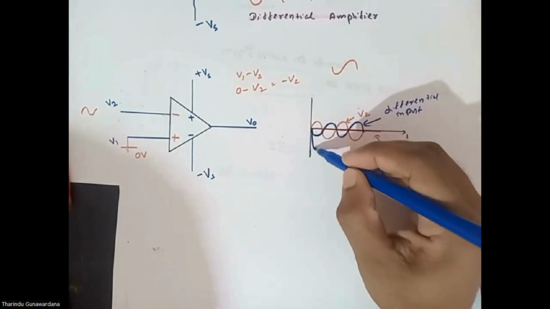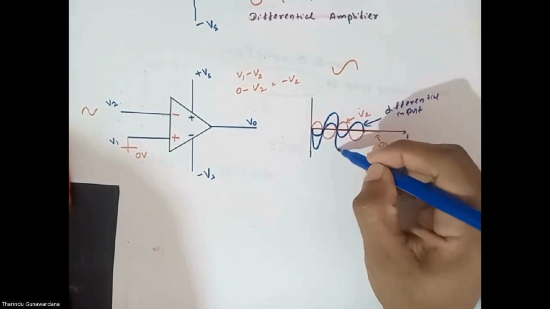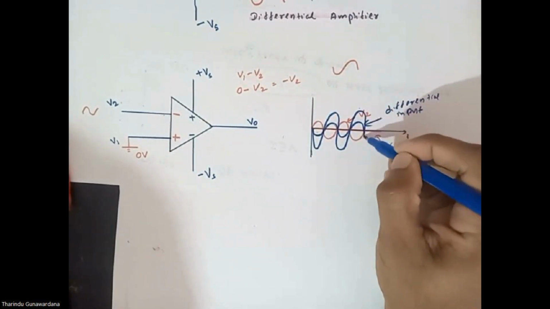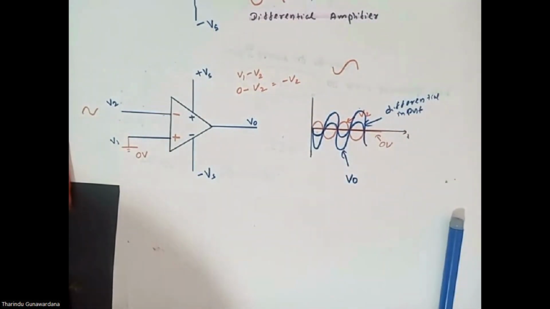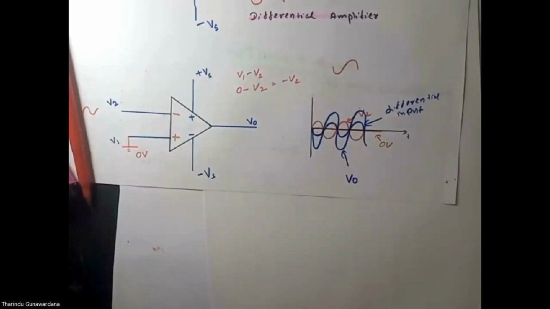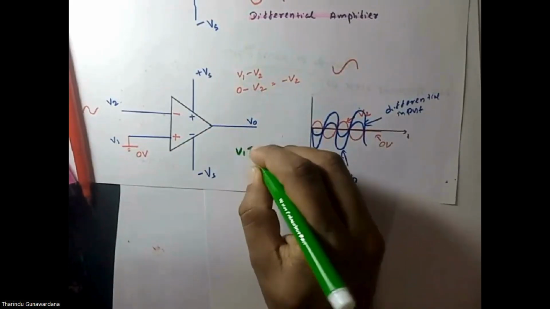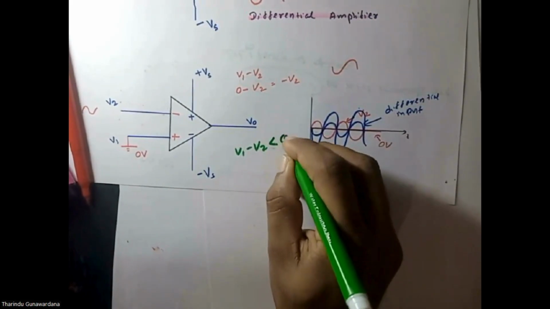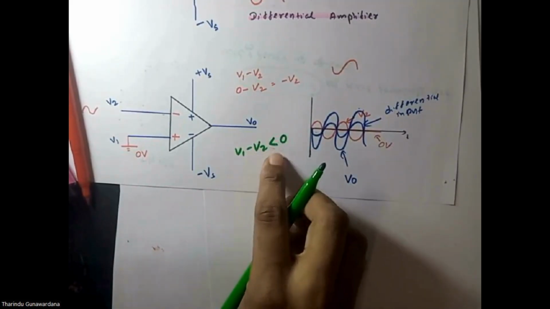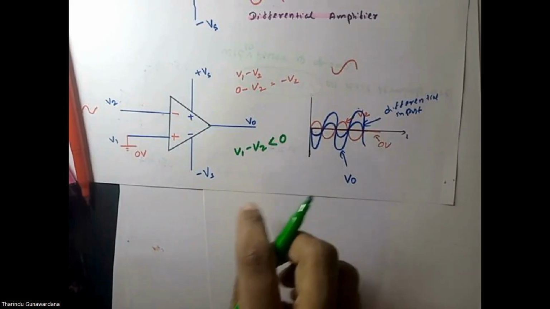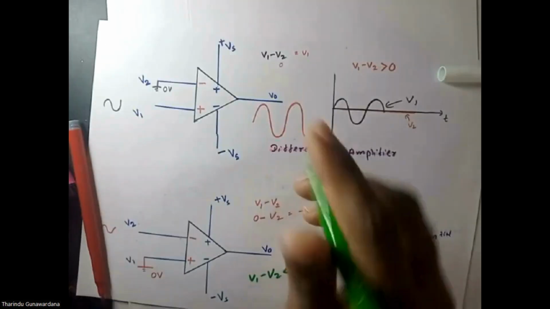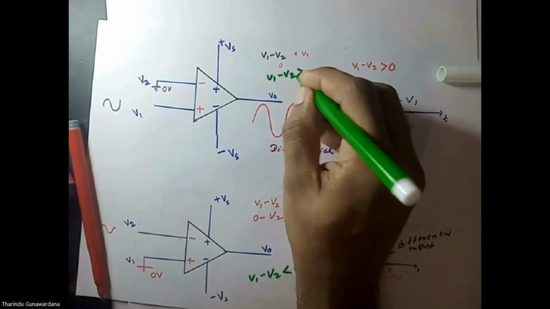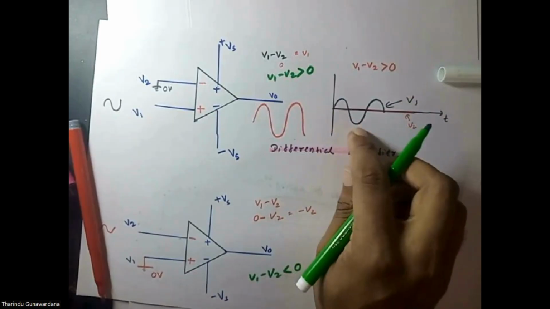Then this is the output, VO. If V1 minus V2 is less than 0, that means if V1 minus V2 is negative, we have an amplified inverted output. If V1 minus V2 is greater than 0, we have a non-inverted one.